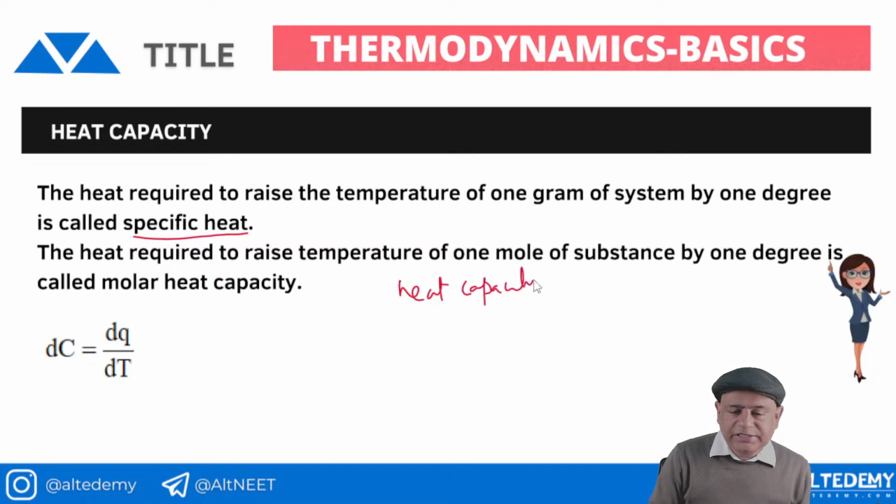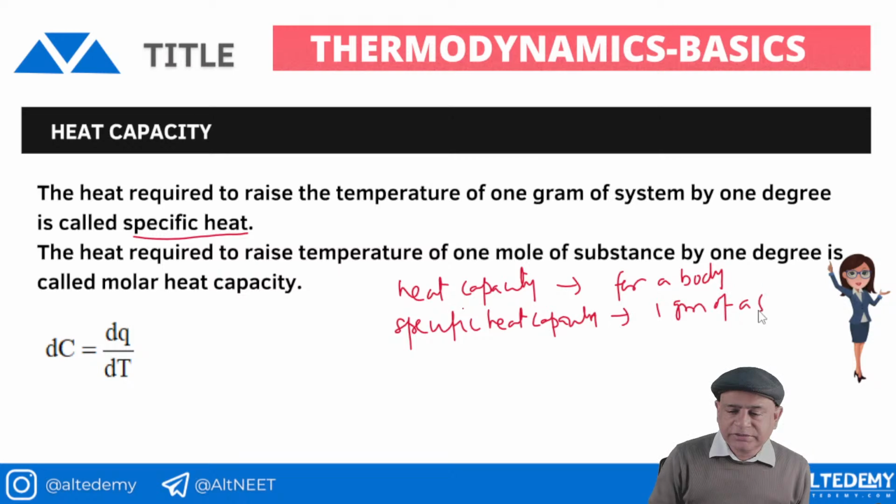Heat capacity is generally the term used for a body, any body. Specific heat capacity is for 1 gram of a substance.